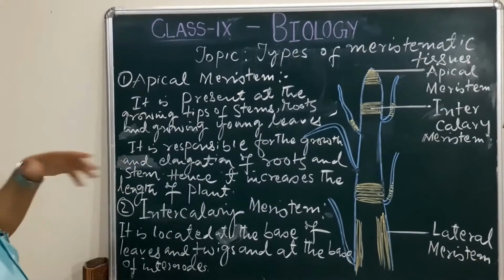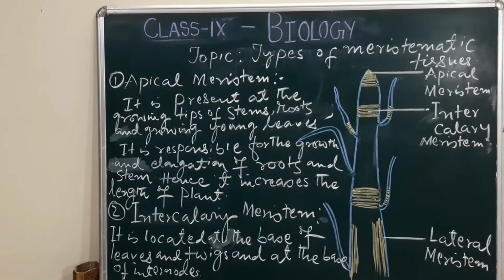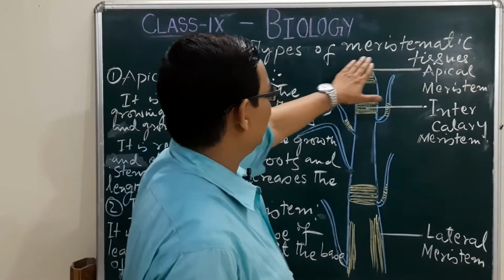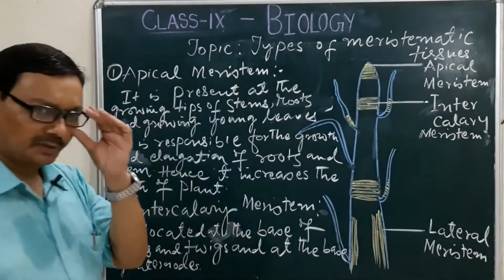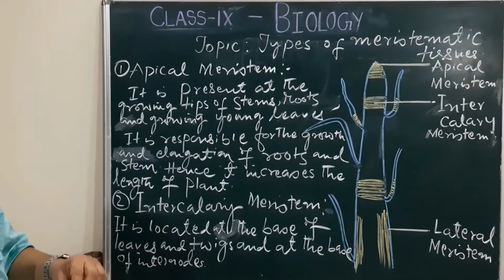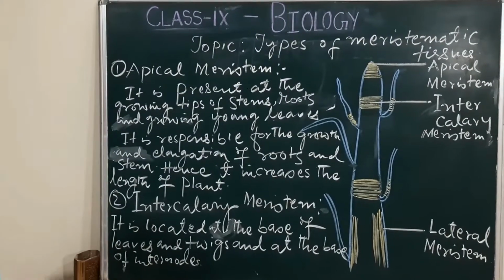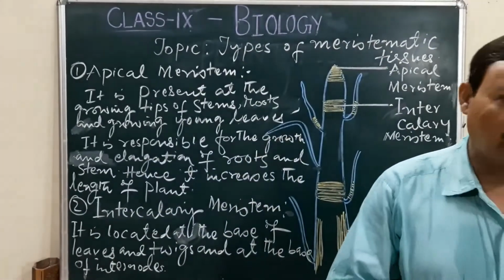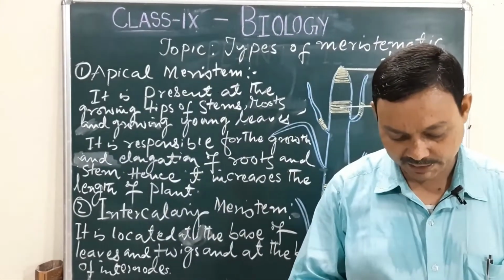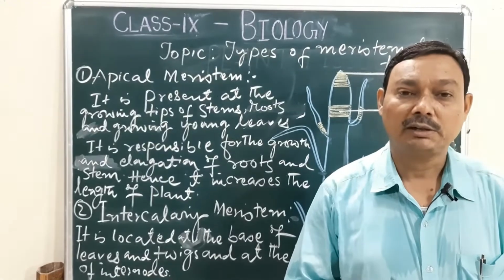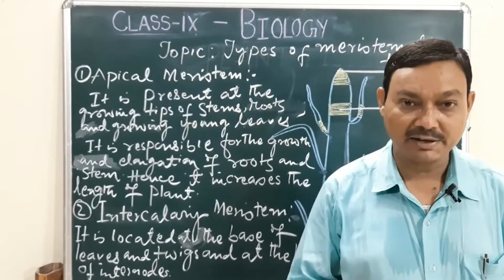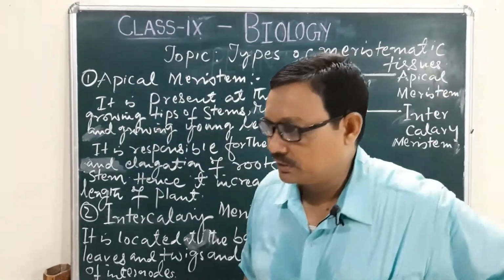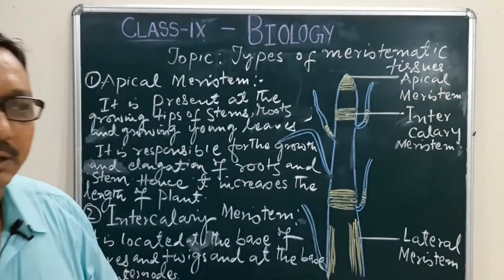In today's class 9 lesson, our topic is types of meristematic tissues. In the previous class, we started plant tissues, and we saw how plant tissue is classified.